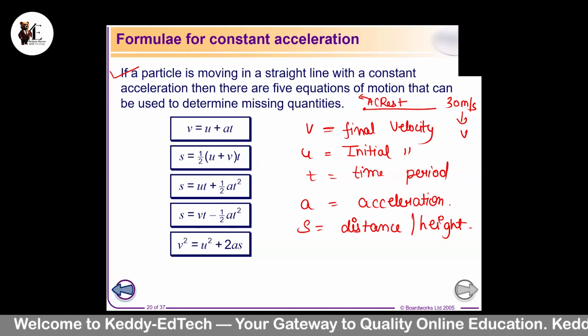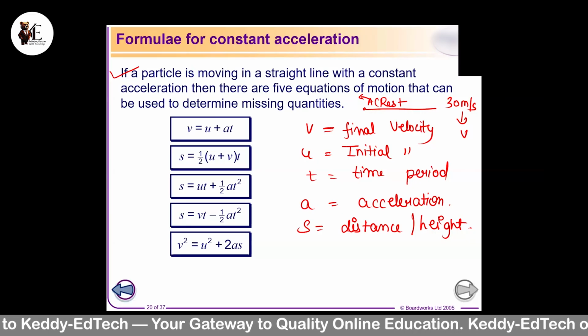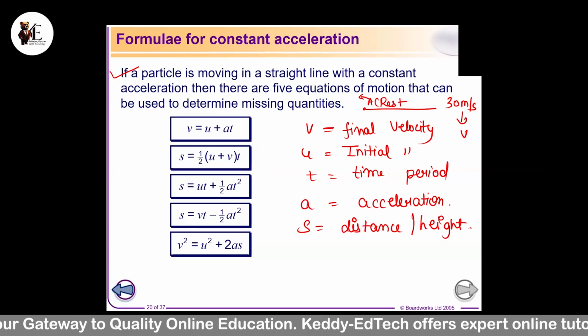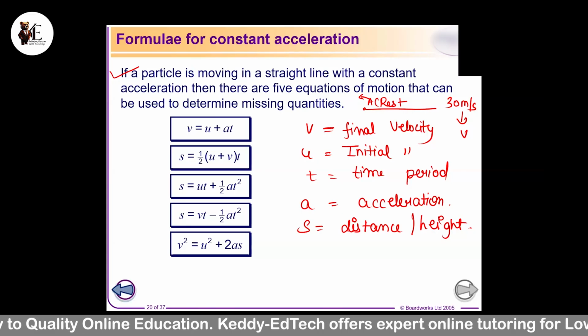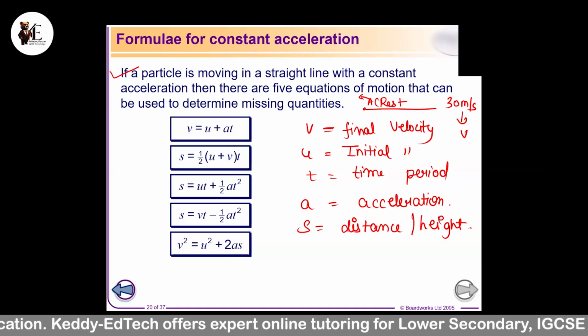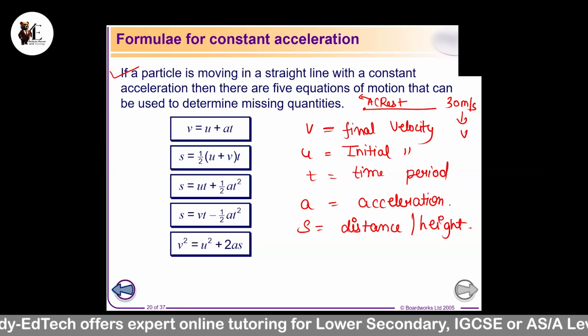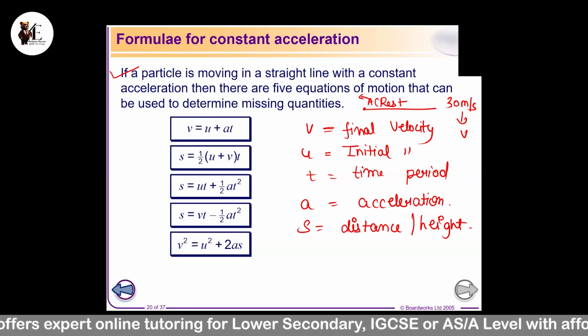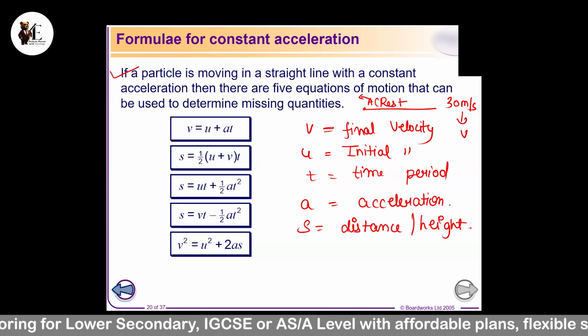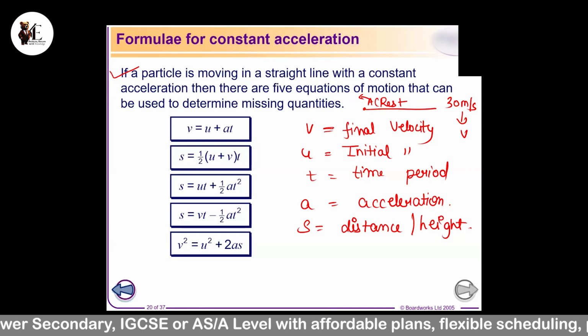We are going to use these equations in the numerical part. The main part of kinematics is the numericals. Specifically, the most important numericals are your graphical numericals as well as your numericals based on the equations. So this is very, very important. Please tell me if things are fine till here.